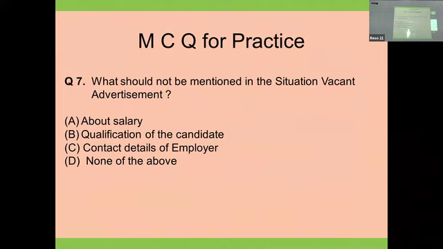Everything should be mentioned, so the answer will be D, because all the things are to be mentioned. My question is, what is not to be mentioned? None. None should not be mentioned, that is minus minus plus.